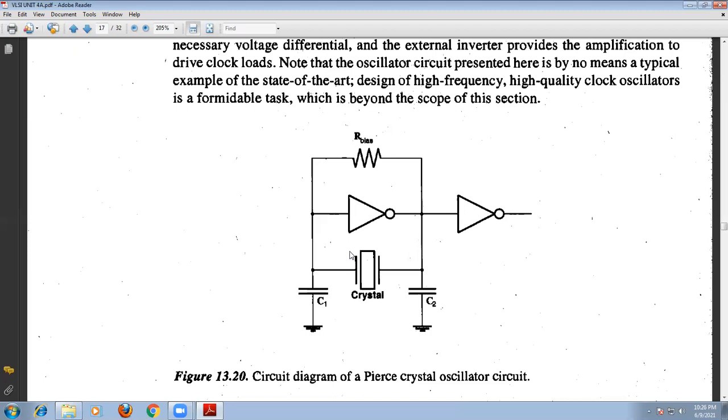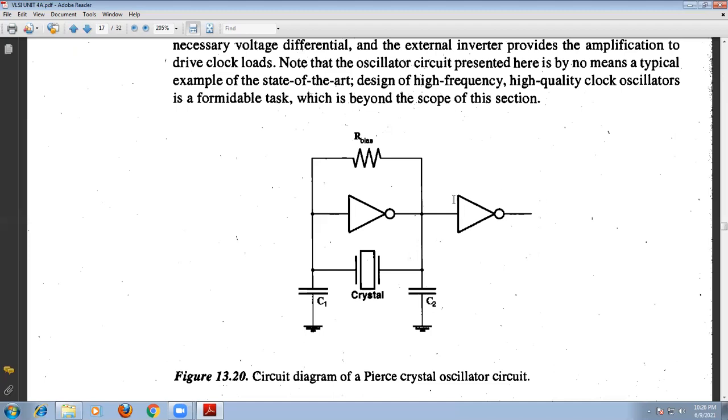In this circuit we are also having the inverter across the crystal, which provides the necessary voltage difference. For example, if the voltage is high at one plate, we get a low voltage at the other.